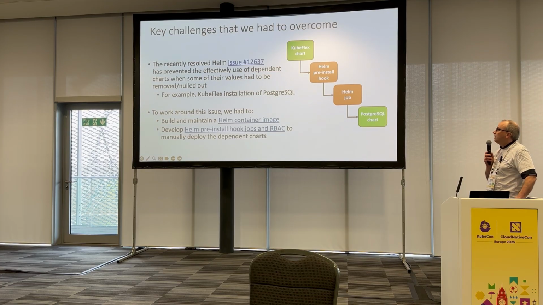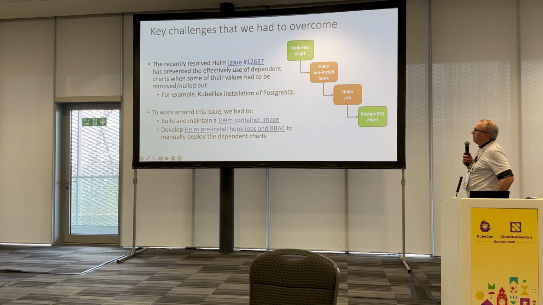In the development of this Helm chart, there were some challenges, one of which was recently solved. Helm had, as expected in any project, some bugs, and in particular, it was not possible to null out some values in dependent charts, like in the PostgreSQL chart that is called by kubeflex.